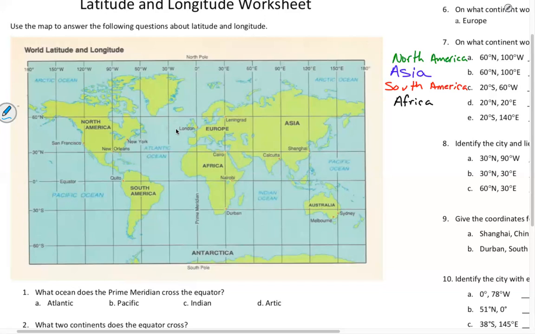What's the last number again? 20 degrees south, 140 degrees east. Would that be Asia? Well, not quite. 20 degrees south is right about here. We trace that on over, and 140 degrees would be right about here. So Australia.